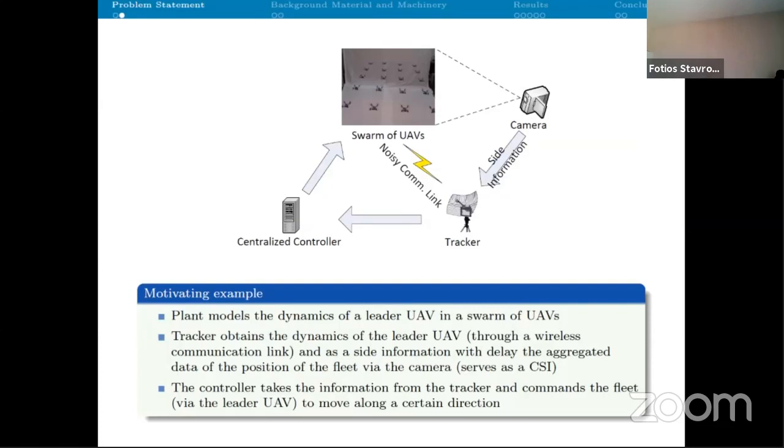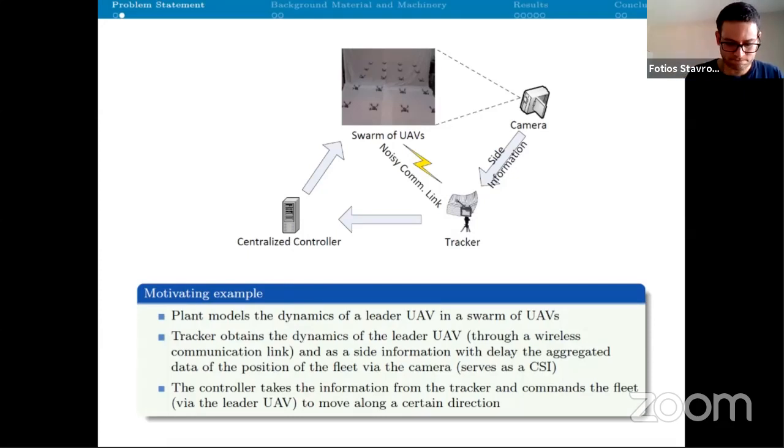Consider the plant to model the dynamics of a leader drone in a swarm of drones. The decoder/tracker obtains the dynamics of the leader drone through a noisy communication link, and as side information, with some delay, the aggregated data of the position of the fleet via camera.